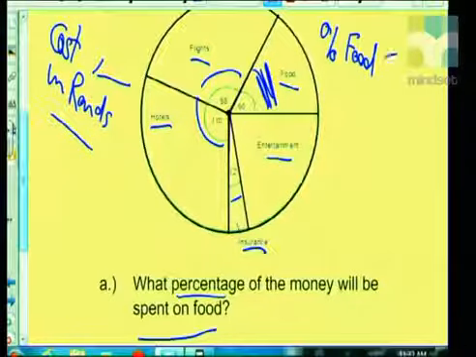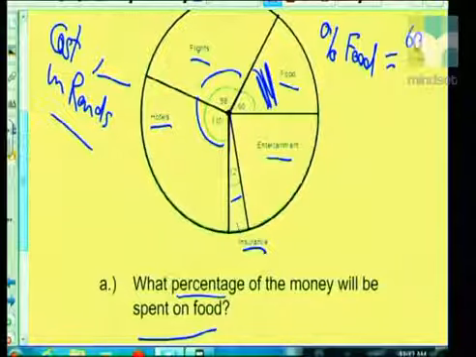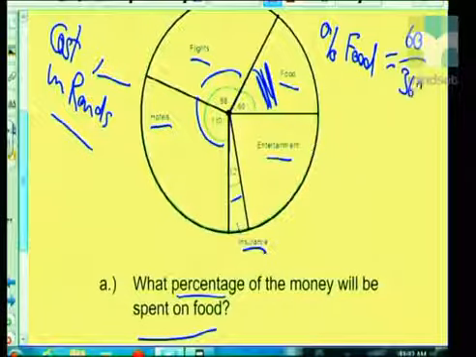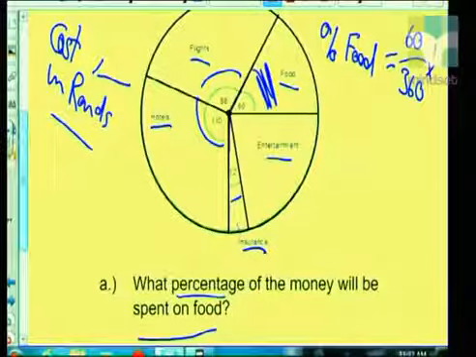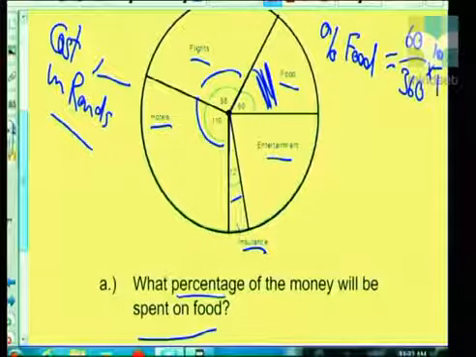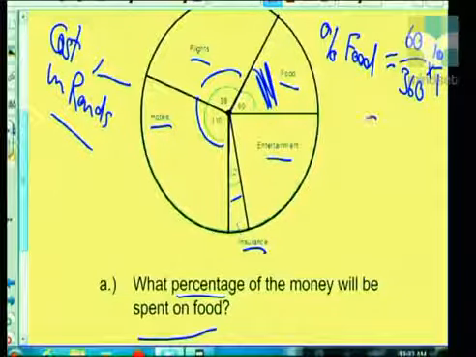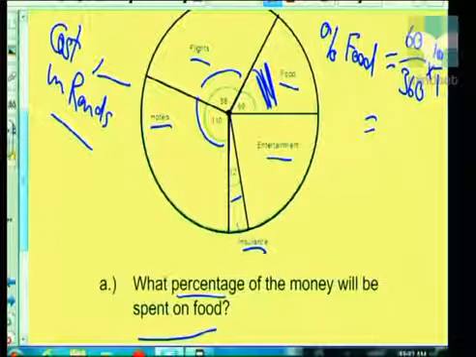The number of degrees around a full circle is 360. So the total is 360. And what we're told is that the food is going to be 60 degrees out of 360. So that's what the fraction is going to be. And to get a percentage, I'm just going to take that and multiply it by 100 over 1. And so that will give me the percentage of food.